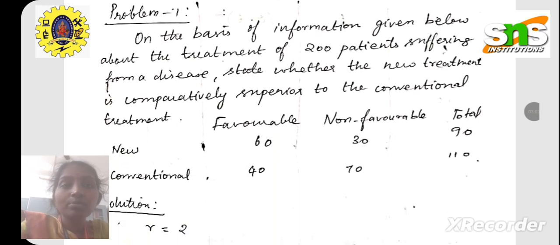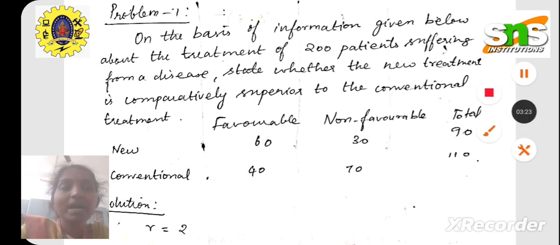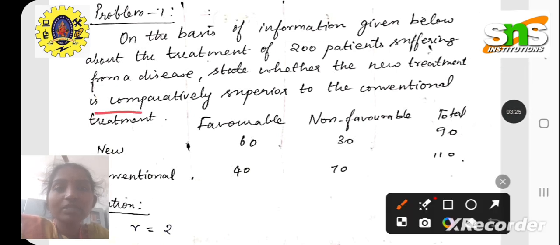Now we will move on to the problem. The attributes are given as favorable and non-favorable cases for the new and the conventional treatment. On the basis of the information given below about the treatment of 200 patients suffering from a disease, state whether the new treatment is comparatively superior to the conventional treatment.